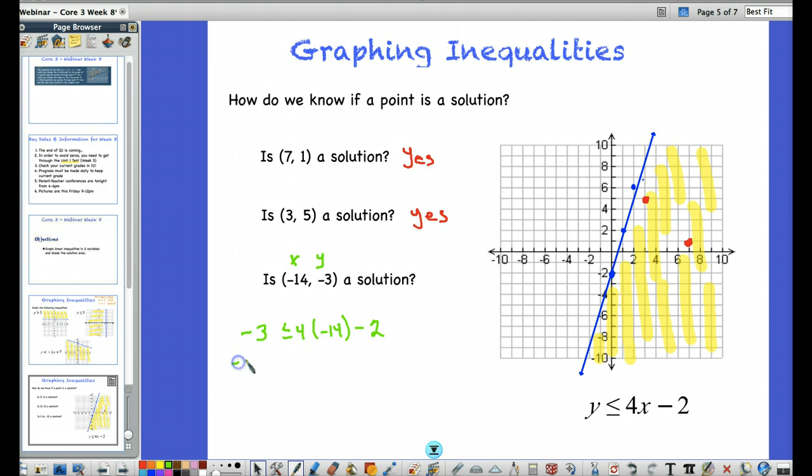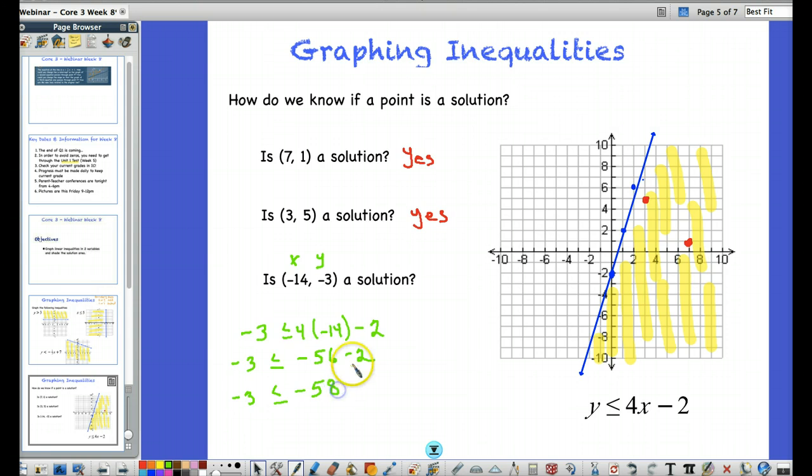Okay, so my left side is negative 3. All right, you guys, what's 4 times negative 14? That would be 4 times 4 is 16, carry the 1, so negative 56, I think. Make sure you guys tell me if I'm wrong. All right, and then let's simplify a little bit more. I'm comparing the left side to the right side.